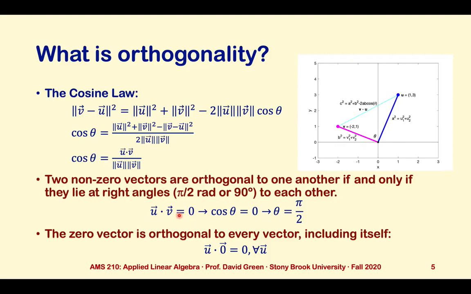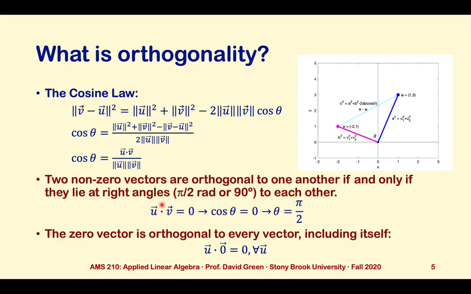And this maps perfectly well onto the definition of orthogonality with a dot product of 0, because u dot v equals 0 means that we have 0 over something, which is of course 0. If cosine of an angle is 0, the angle must be pi over 2. So we have a consistent definition.